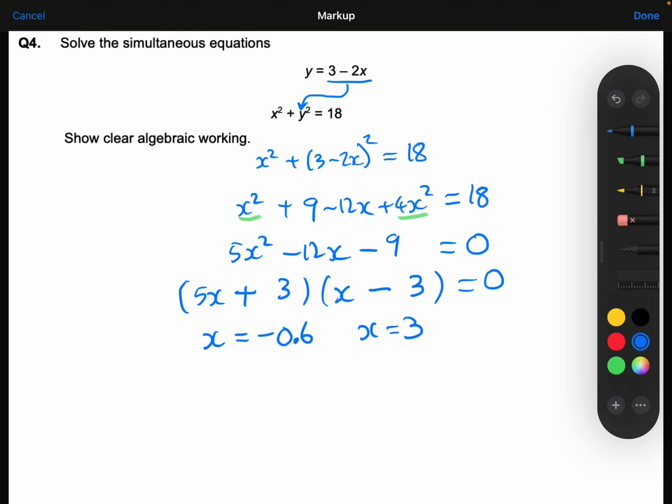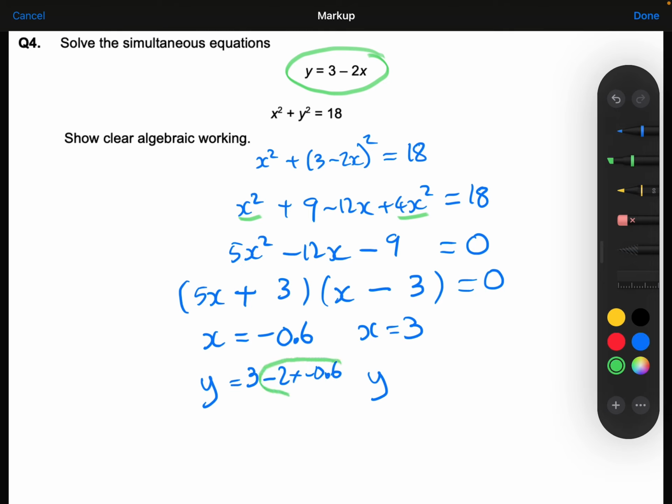Now I need to work out the y coordinates as well for each of these points. To do that, I can substitute these x coordinates into either of the original equations. I'm going to substitute them into this one because it's easier. There's no squareds to deal with. So when x is minus 0.6, I'll have y is equal to 3 minus 2 times minus 0.6.